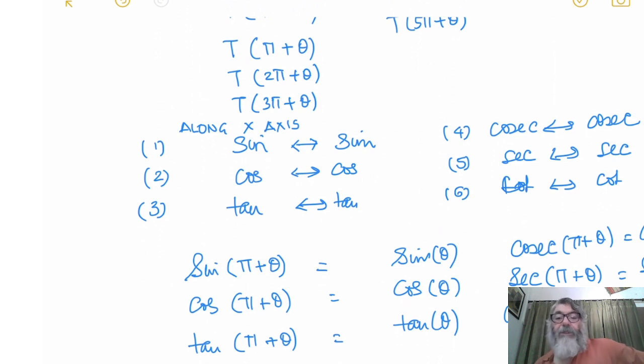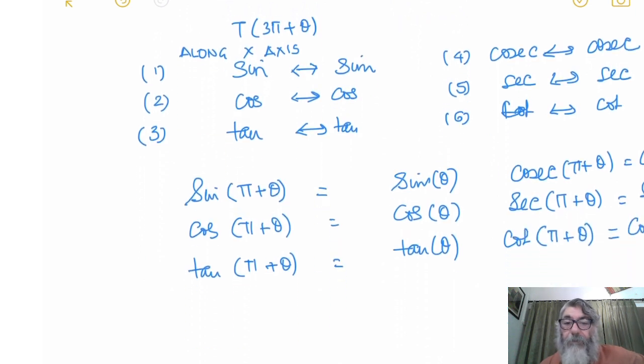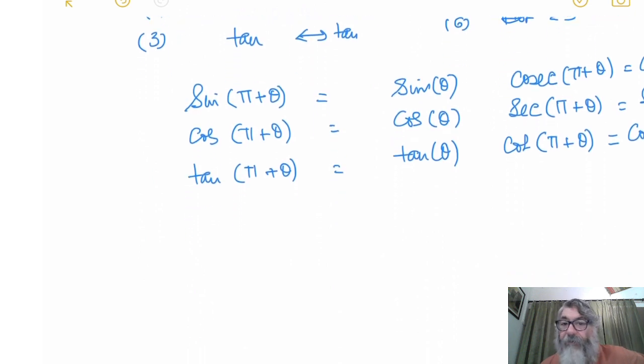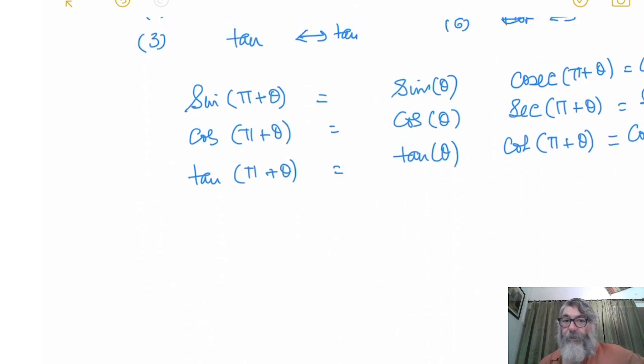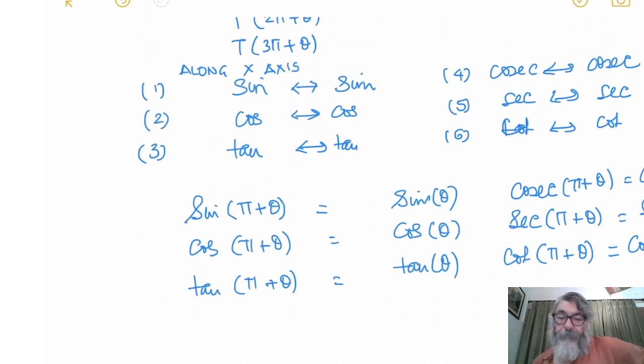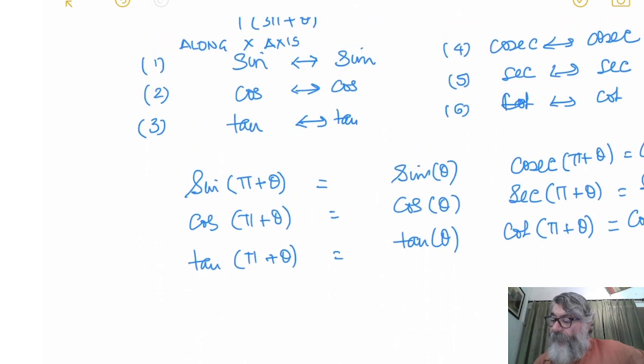But they are falling in the third quadrant. We told you what happens in the third quadrant. Sorry, I've gone beyond to that side. I'll write it down. I'll bring them down.